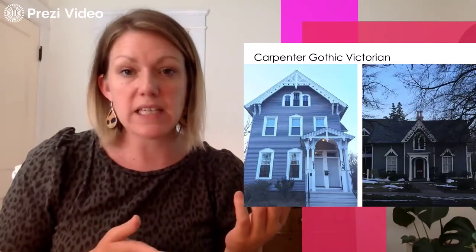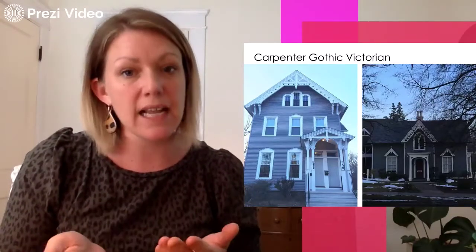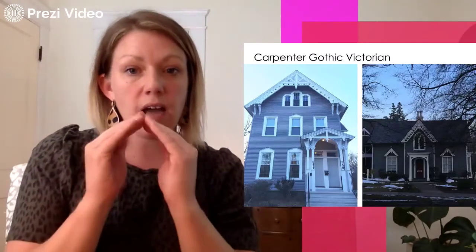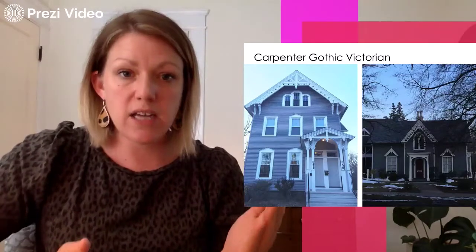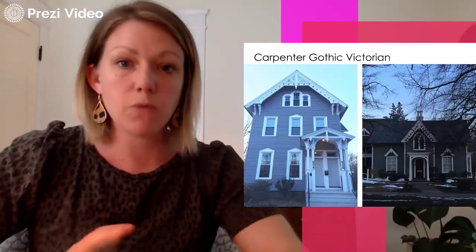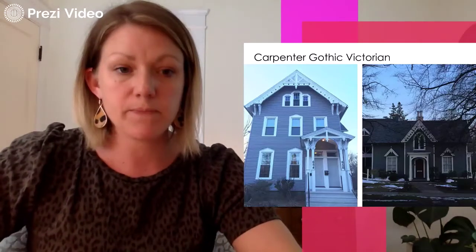That would be something we might see on the Italianate style, which makes sense. Roman arch, Italianate style. Here we see a Gothic arch, it's the Gothic style. The carpenter part just refers to the fact that there's a lot of elaborately carved woodwork that goes into these as well.